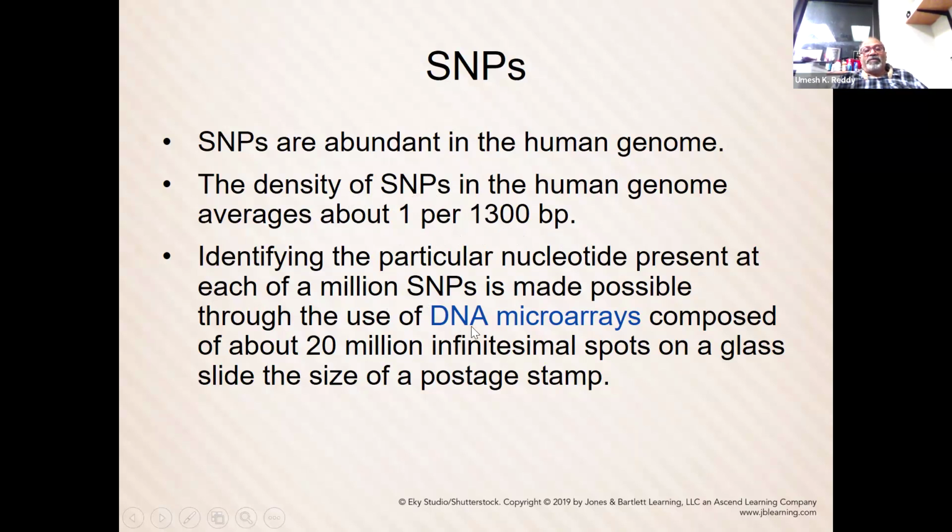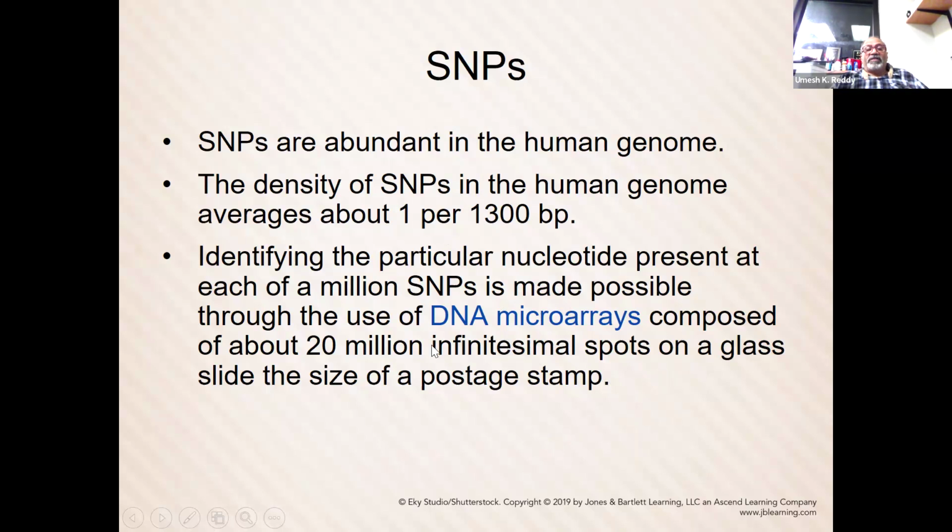So there are chips made out of microarrays, chips of arrays. These chips will contain millions of spots. Each spot is a length of sequence that differs for a SNP, using which we can scan human genomes.